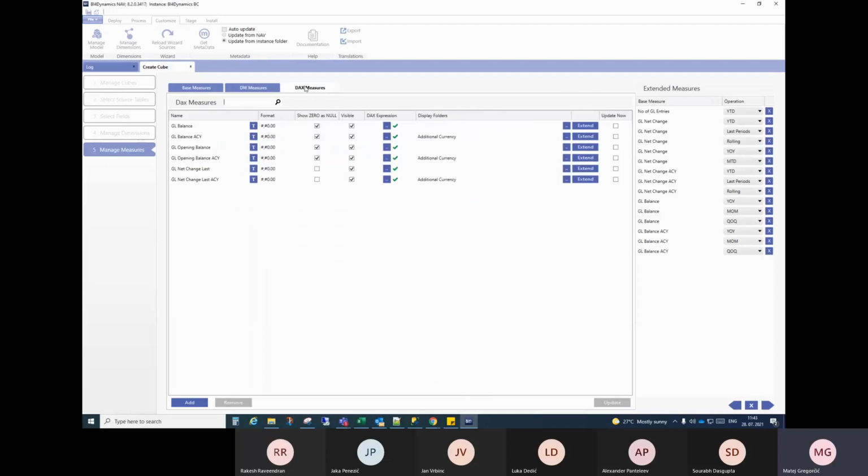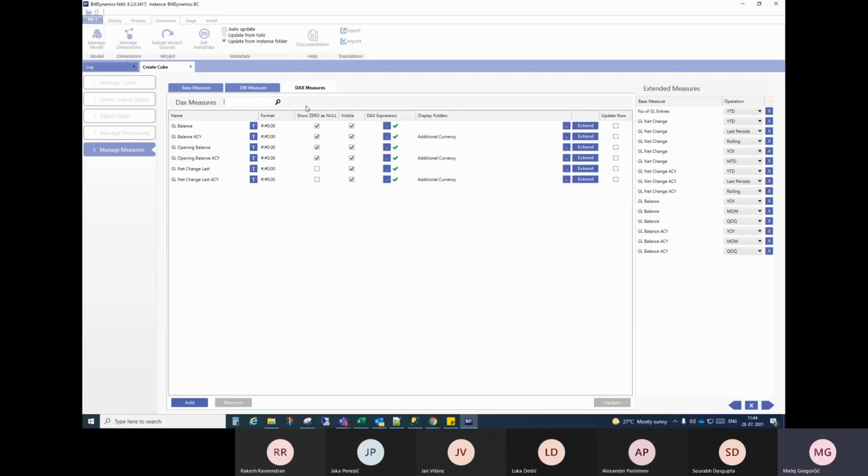This is the DAX measure. So this might be placed, for you at least, in the wrong section. But let me tell you what DAX is. DAX is a language that you use on the analysis database, okay? And you calculate a new measure on the analysis database.